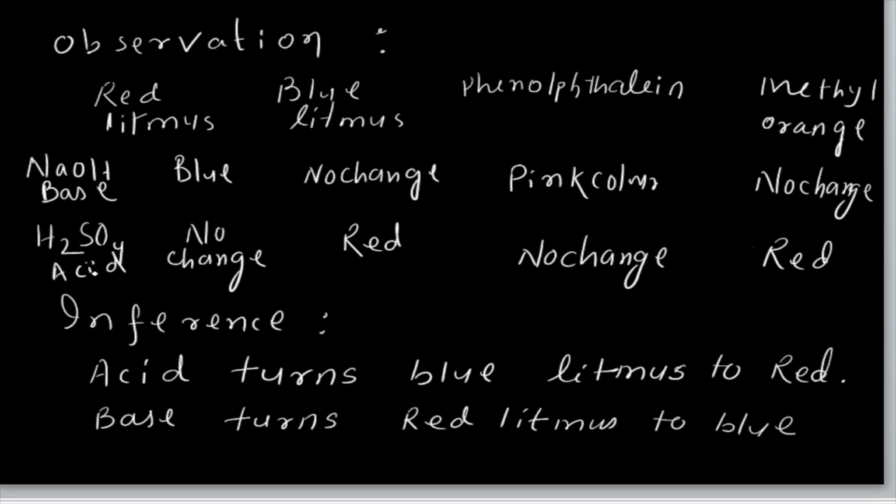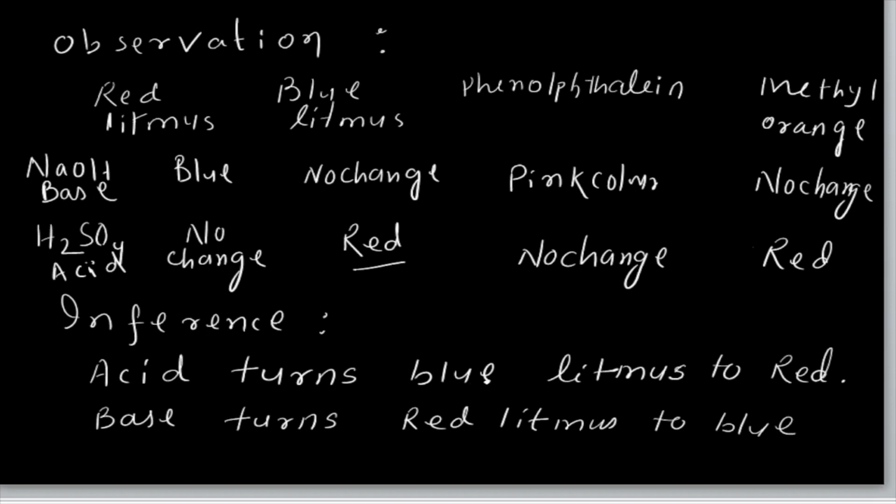Blue litmus paper changes to red, and with phenolphthalein, that is an indicator, sodium hydroxide, a base, changes it to pink color, and acid no change. But methyl orange gives red color in acid and no change in base. Here you can see sodium hydroxide is a base, here no change, while acid changes to red color.